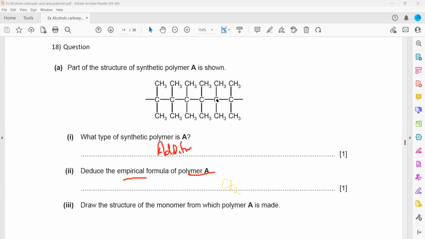It will be hex-2-ene or 2-methyl. For this one, how to work out the monomer from the polymer? Just take the first 2 carbons in the structure, take them and draw as it is, and there's a double bond.